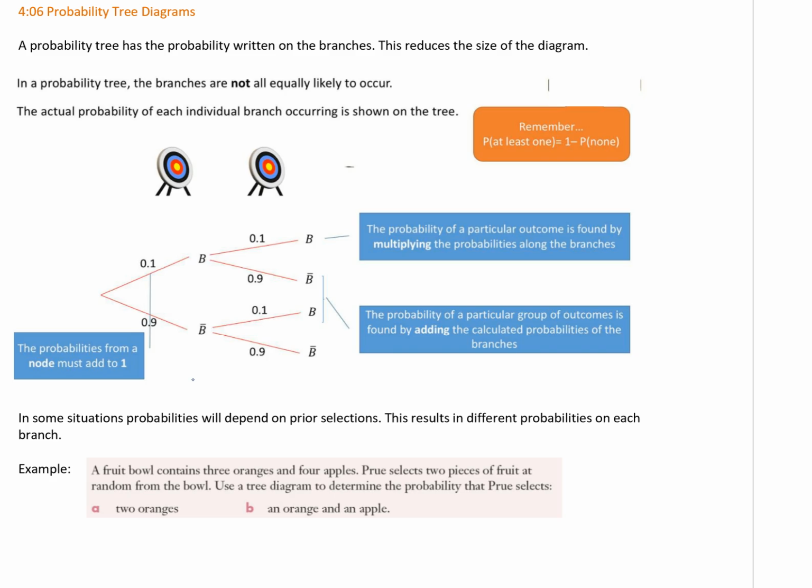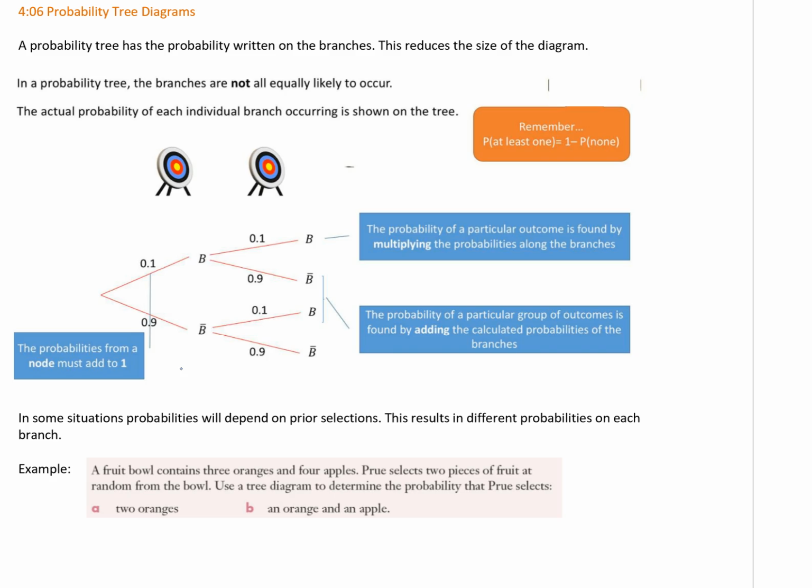If the only outcome that we're interested in is getting a 6, then we can pool everything else into the second branch and call it not a 6. So we've been able to categorise our outcomes into just 2 branches.